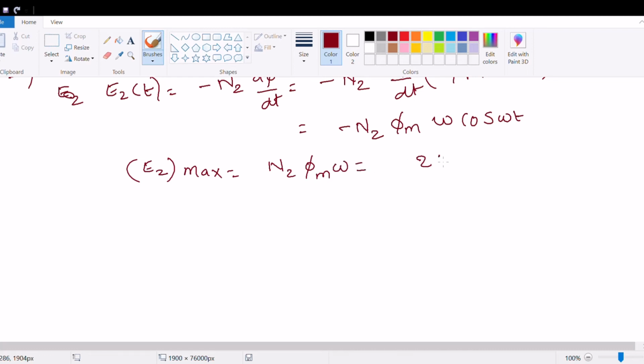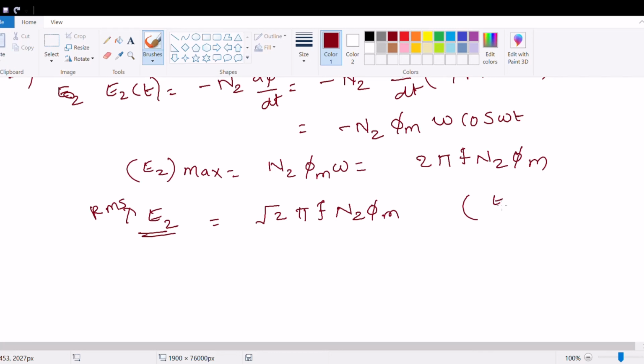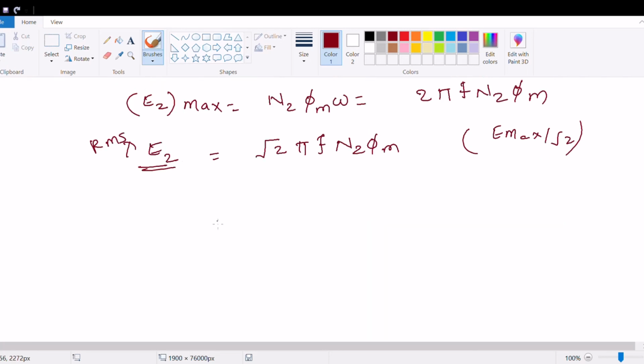We can write it in terms of hertz, not in radians per second. N2 phi m. And E2, that is RMS. If you represent it like this, it represents RMS. So it's root 2 pi f N2 phi m, because maximum by root 2 for sinusoidal and cosinusoidal signals. Therefore we got E2.